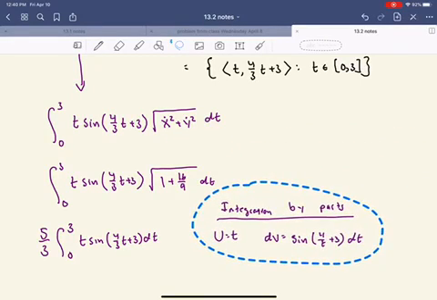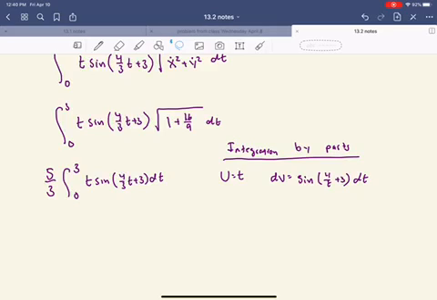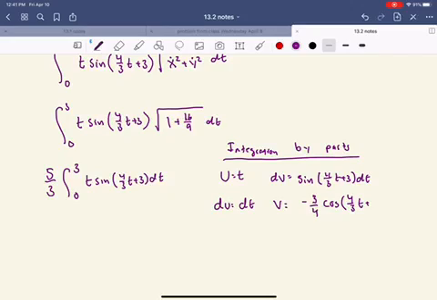So that's u dv. du is simply dt, and then v is going to be negative 3/4 cosine of 4/3 t plus 3.